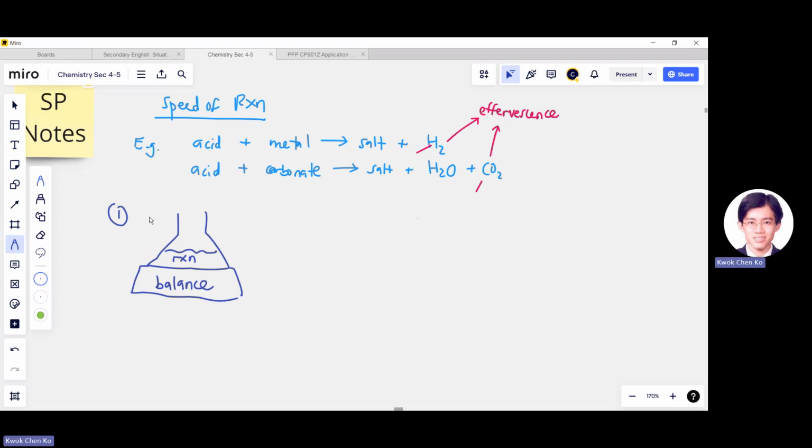Okay, it's method one. Okay, method 2. Reactions are still in a flask. Except in this case, you also add in a rubber stopper and a delivery tube.